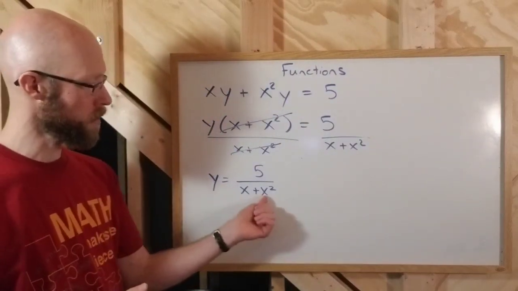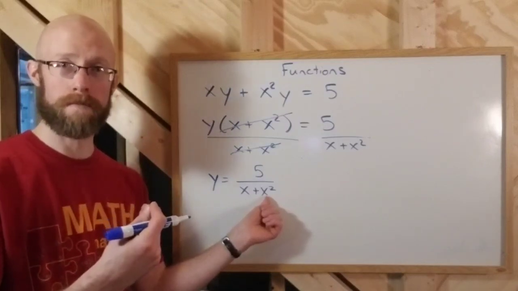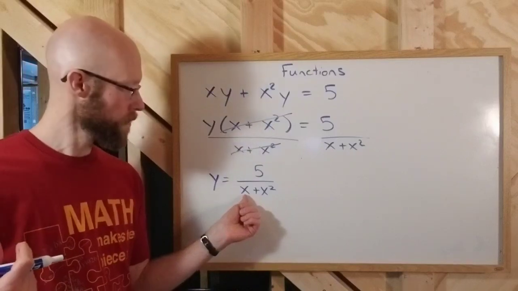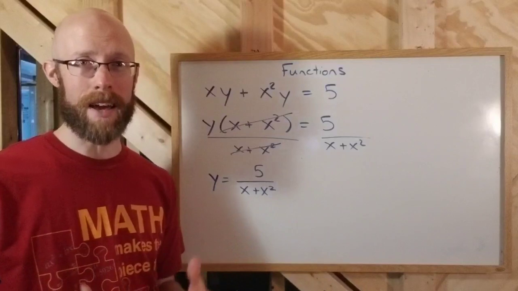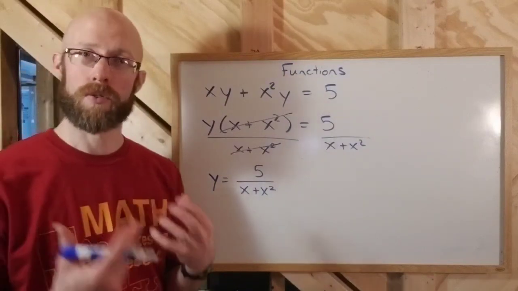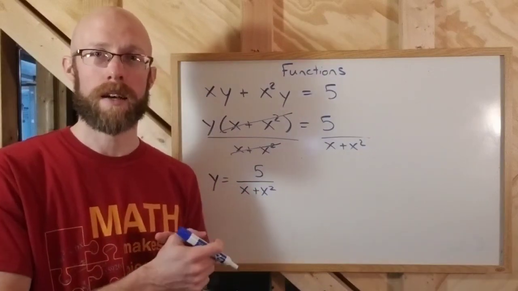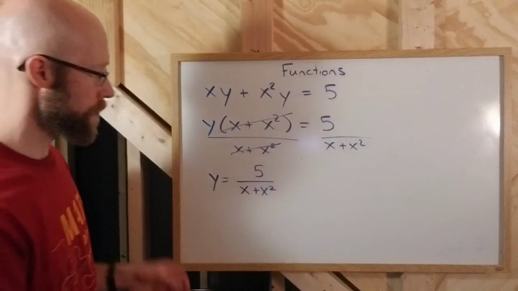Because no matter what I plug in for x, there's only one number that I would get when I square it. There's only one number that I would get when I add it back to itself. And then there's only one number I get when I divide 5 by that result. There's only one possible number you can get as an output from each of those operations. And so this is a function.